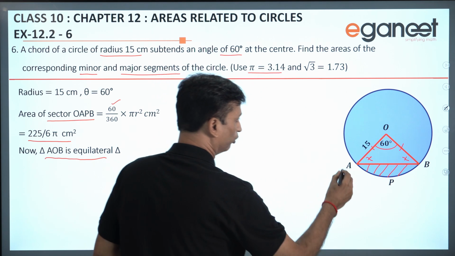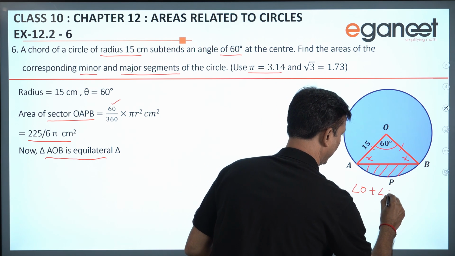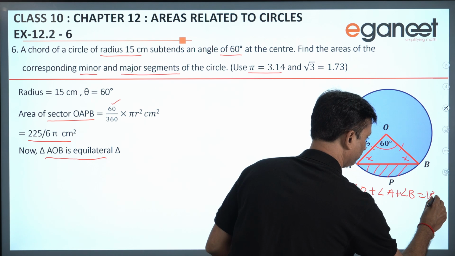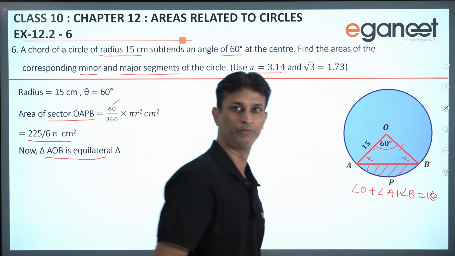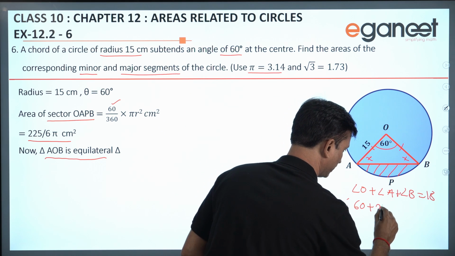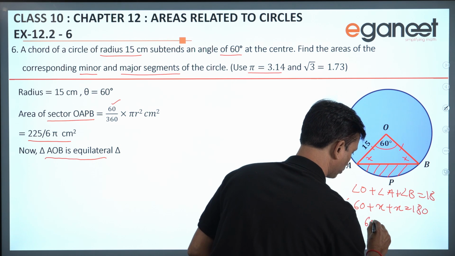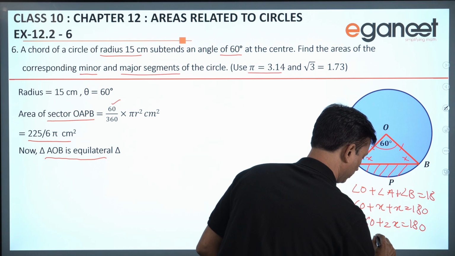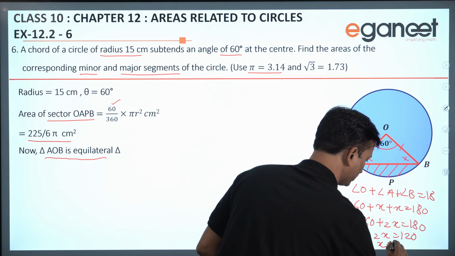Now in triangle OAB, angle O plus angle A plus angle B equal to 180 degree, that is the angle sum property. Therefore 60 plus 2x will be 180, so 2x will be 120, and hence x will be 60 degree.